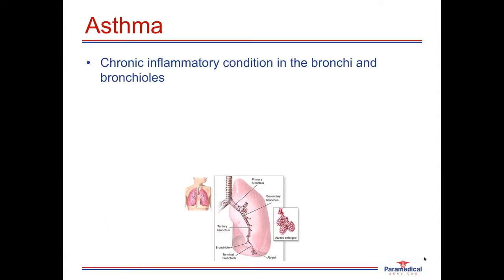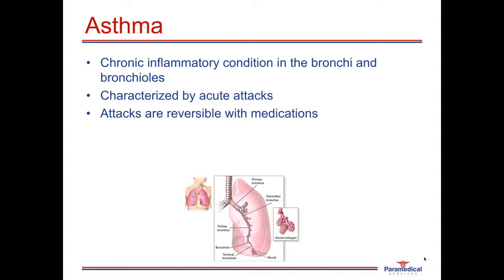Asthma is a chronic inflammatory condition of the bronchi and the bronchioles, which is characterized by acute asthma attacks. These attacks are reversible with medications, and we'll discuss a bit more about these later on in the presentation and describe how they work. Asthma is a very common condition. In fact, 1 in every 9 Australians has asthma.